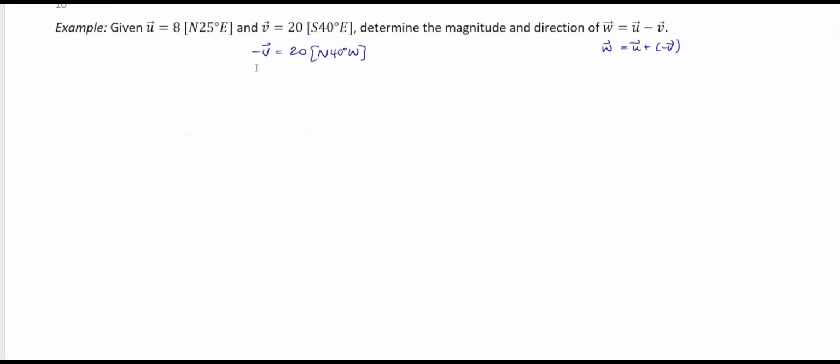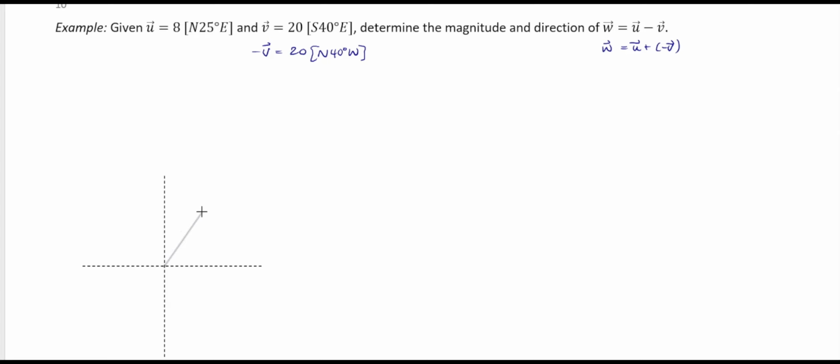So if I'm using compass coordinates right here, it is helpful to create a set of axes, and then on those axes we can plot the vectors with their compass coordinates. I'm going to start with vector U, and U is 8 north 25 degrees east. So what I'll do is insert this vector right here, north 25 degrees east.